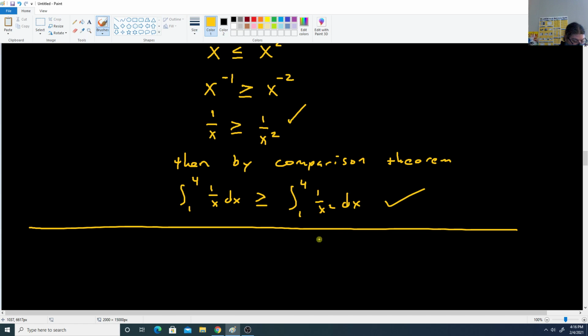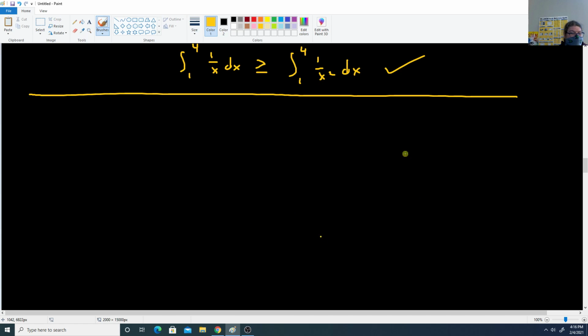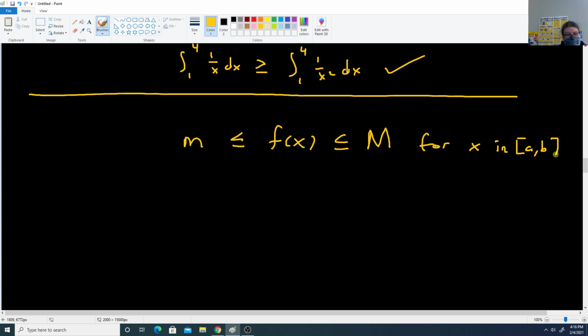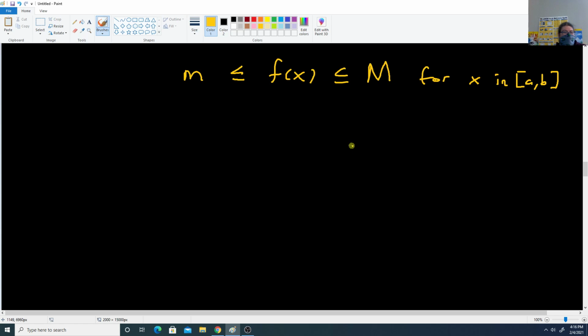Okay, the last bit we want to talk about is if there is some m value that is less than or equal to some f of x value, which is less than or equal to some capital M value for x in some interval a up to b. We want to make a note of how these relate. m and capital M are constants.